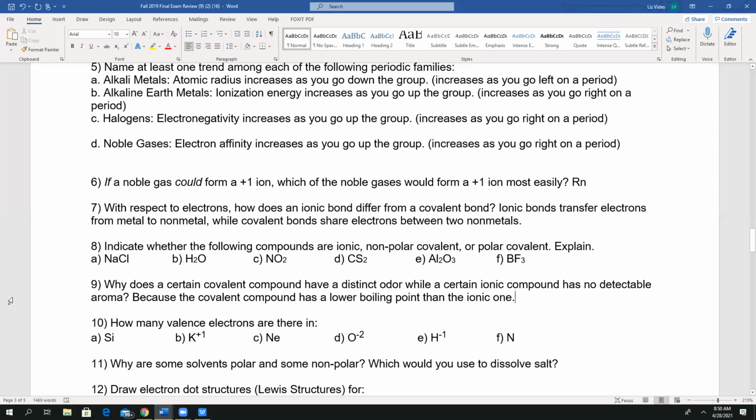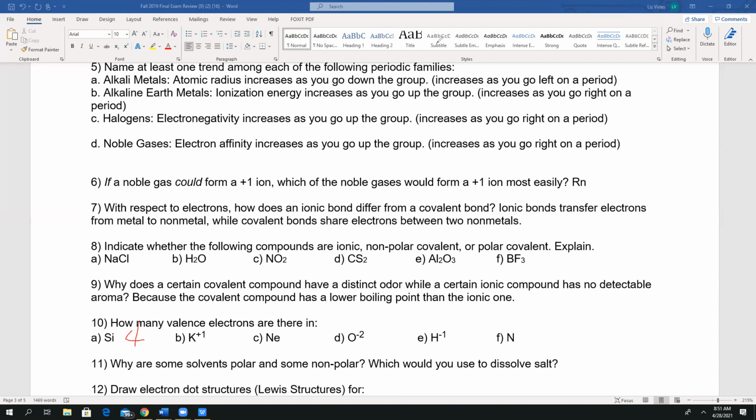All right. How many valence electrons are there in these? What you have to do, remember, is look at your periodic table. For silicon, you would have 4. I am just going to write them down with my finger in red. So 4 on that one.